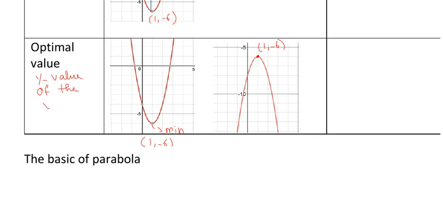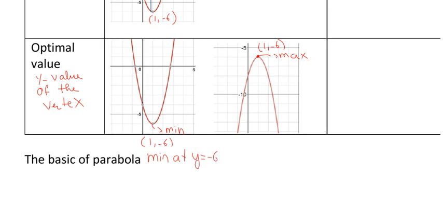You can have a min or you can have a max. When I ask you for your optimal value, you're going to say the following. You're going to say it's a min, in this case, at y equals -6. Or, in this case, you're going to say it's a max at y equals -6. So it depends on your case.